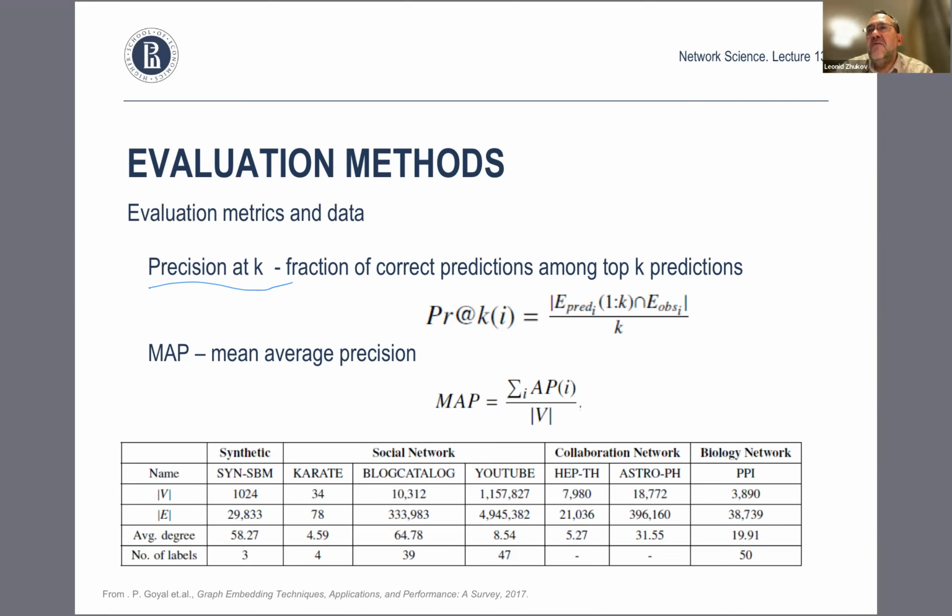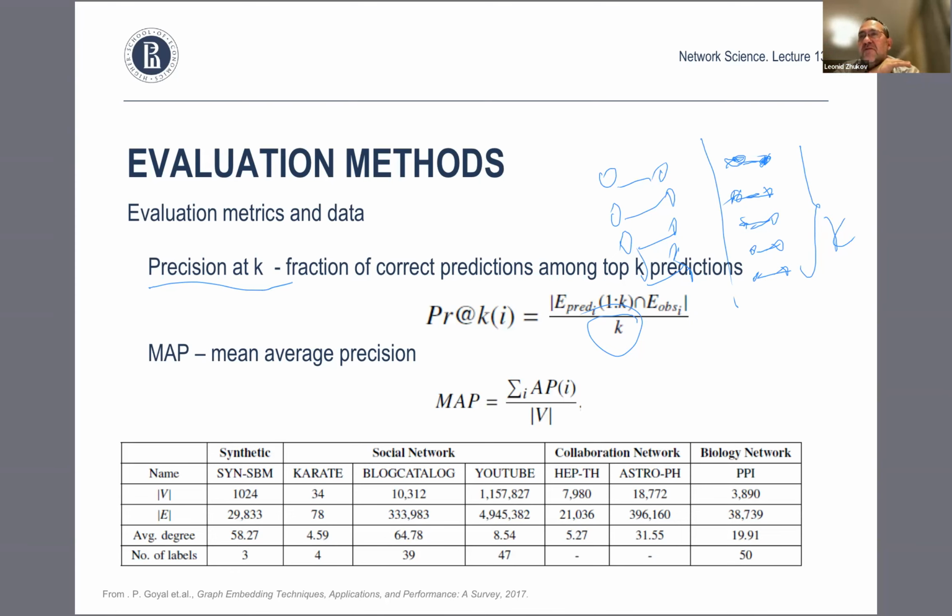So the idea is we'll go through pairs of nodes, calculate the dot product, and literally predict if there should be an edge between them. For those with the highest values, the top K, we compare them against the really existing edges in the graph. That metric is normalized, for example, by K, or sometimes by the number of edges that should be there.